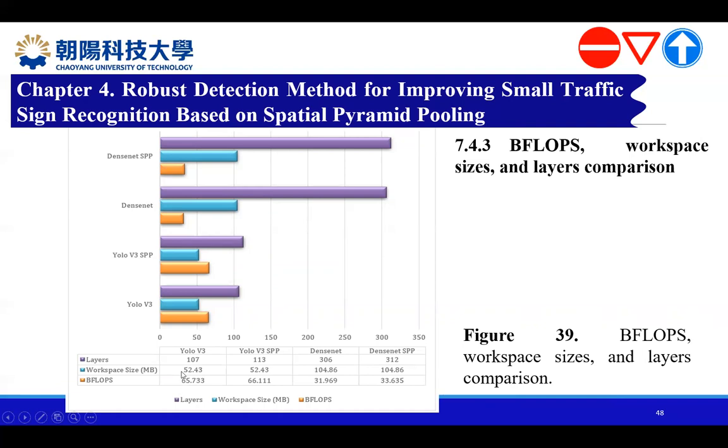And for the workspace size, of course, Densenet is bigger than YOLO-V3. For the BFLOPS, YOLO-V3 SPP is the highest among the other algorithms. That is why it can achieve the highest performance among the other algorithms.